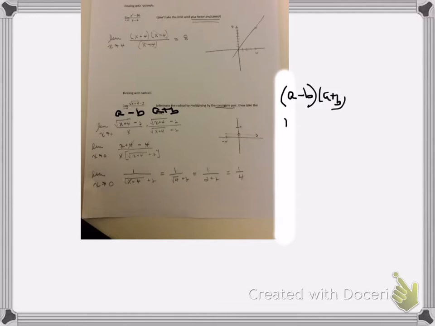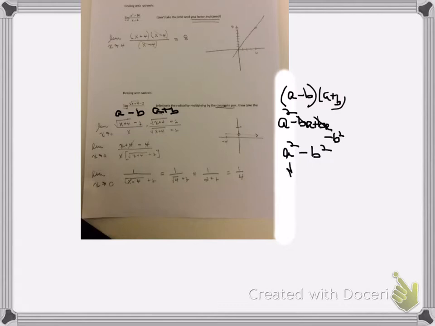And doing all the steps gets me A squared minus BA plus BA minus B squared. These terms will drop out, and I basically have A squared minus B squared.